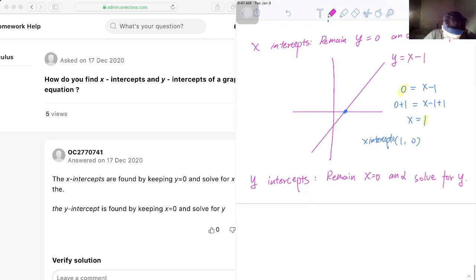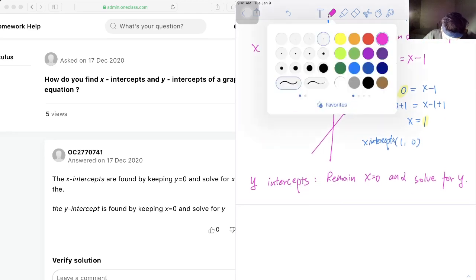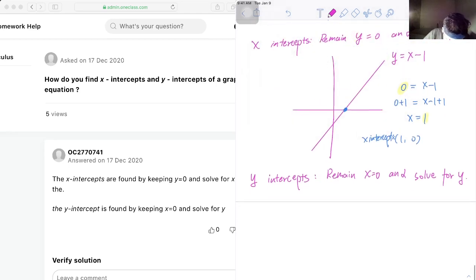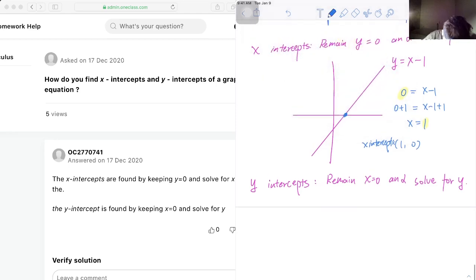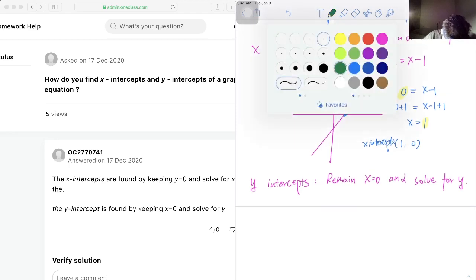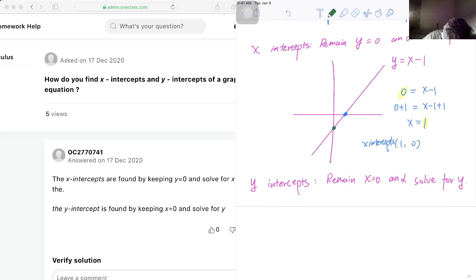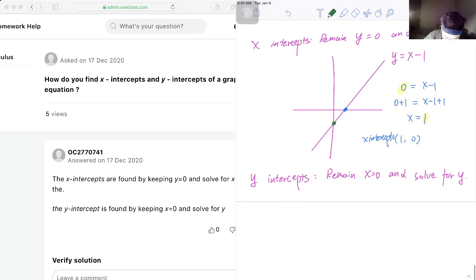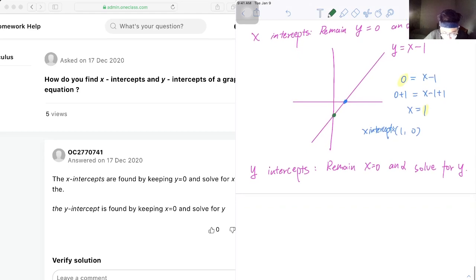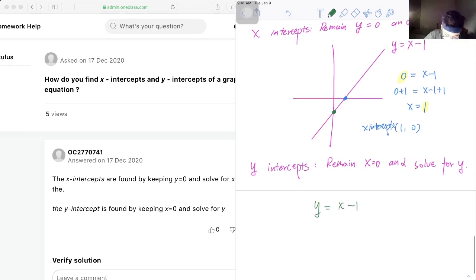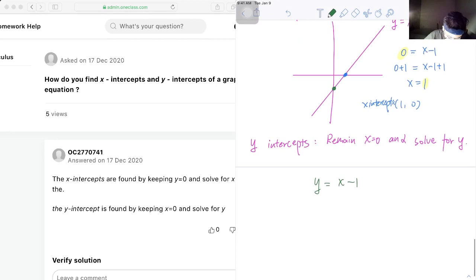So in this case, let's use the same graph. Here will be the y-intercept. So now we need to remain x is equal to 0. First let's copy down the function. So y is equal to x minus 1, and we need to remain x is equal to 0.